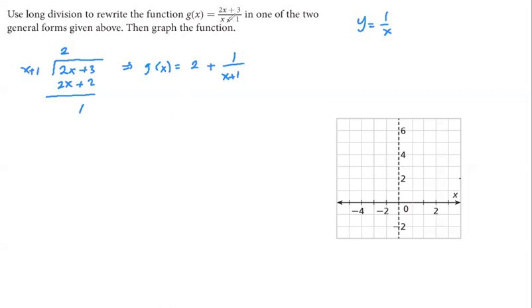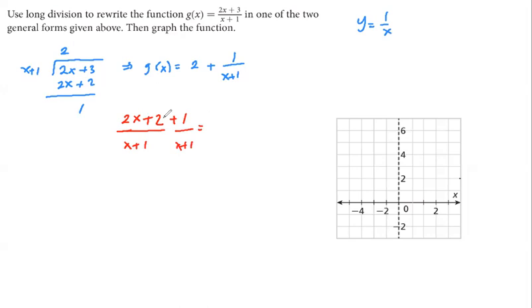If you look at the numerator, I can easily see that if I multiply this x plus 1 by 2, I will get something in the numerator. So let's write that as well: 2 times (x plus 1) plus 1. I just split 2x plus 2 because that is twice the denominator, so I can split that as a different fraction: (x plus 1) divided by (x plus 1), and this is 2 times (x plus 1) over (x plus 1).